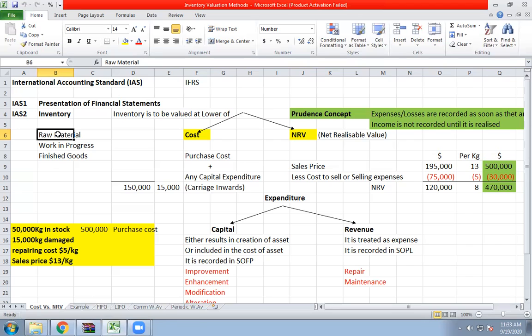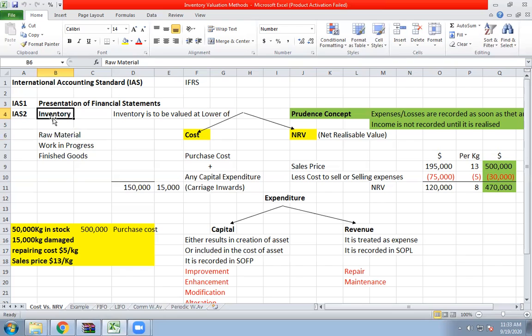So we have to give a value to our inventory, whether it's raw material in our store, work in progress in our production department, or finished goods in our distribution department waiting for dispatch to the customers. We have all these three materials available, and we have to value all these inventory.